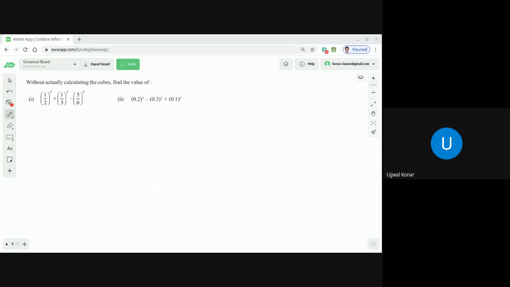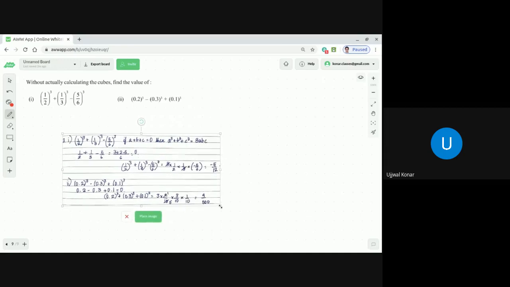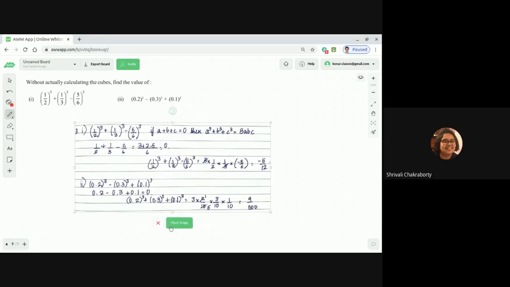Yes, there is a reason actually why I deduct the marks. If you look into the question and if I bring your solution here, this is your solution, no? Correct, Srivali? Yes, sir.